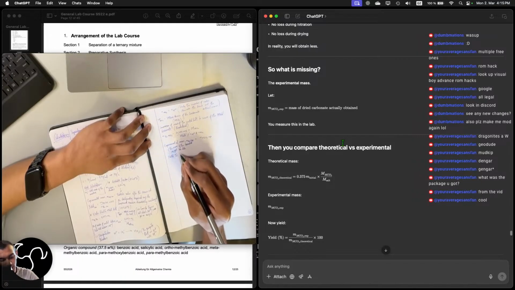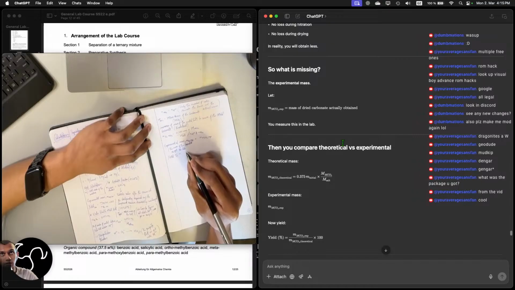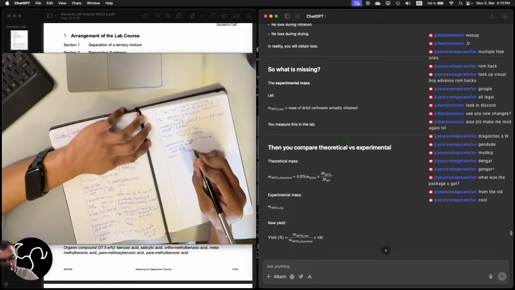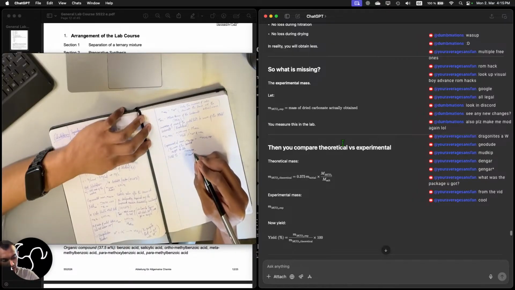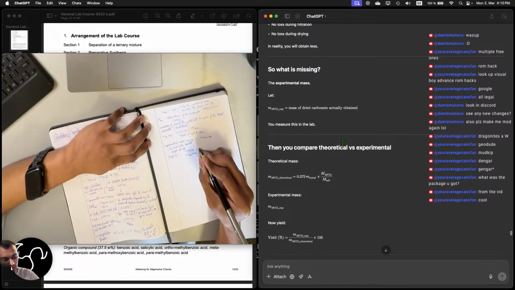Then the percentage equals, yeah, experimental by theoretical CO3 times 100.